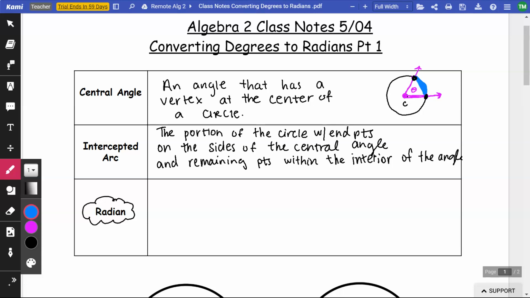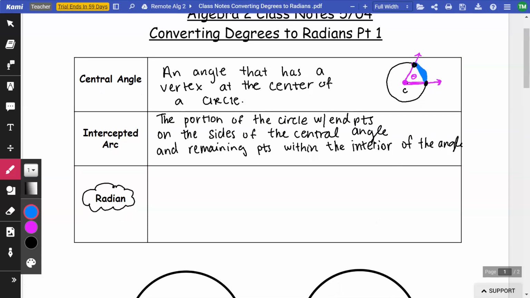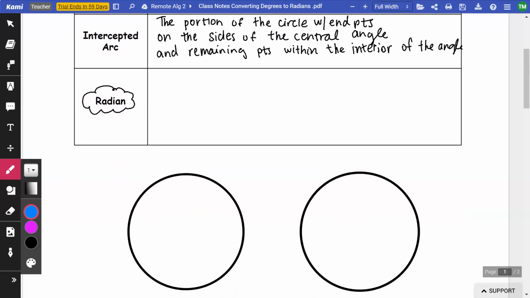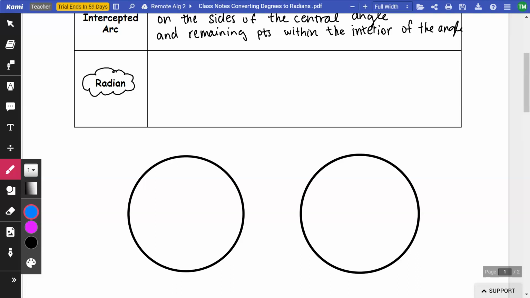Before we talk about the actual definition of a radian, I'm going to show you what a radian is using a picture. So if you go down to these two circles, in the first circle, I just wanted to draw an example of an intercepted arc. So here is the center of my circle.